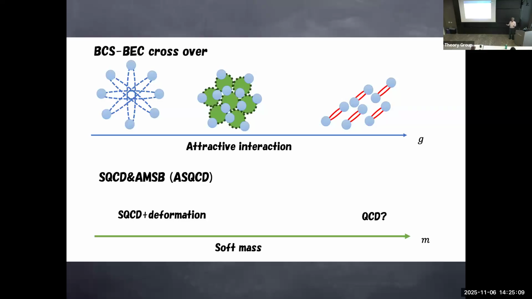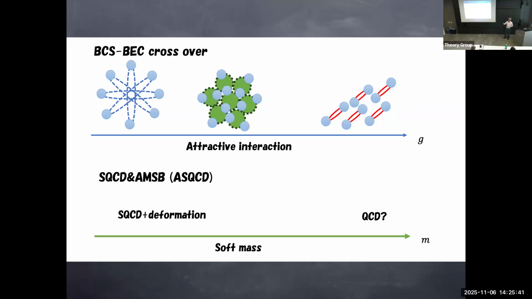In the BCS state, the U(1) symmetry, which corresponds to the conservation of the number of particles, is spontaneously broken because the pair of fermions, the Cooper pair, has an expectation value. So U(1) is broken. When you jack up the attractive force between fermions, at some point you need to switch to a non-perturbative description, namely that two fermions end up forming a bound state and become a boson.